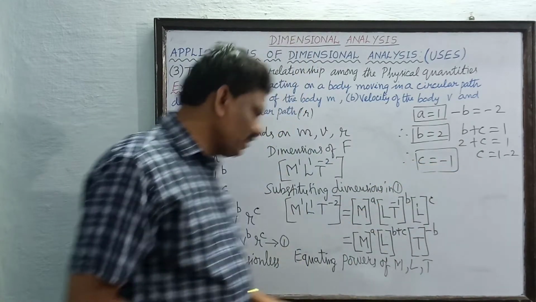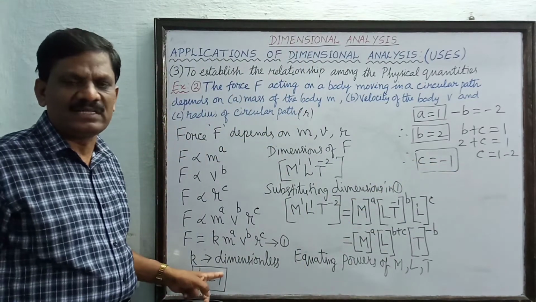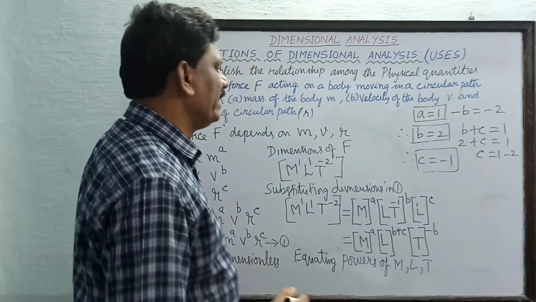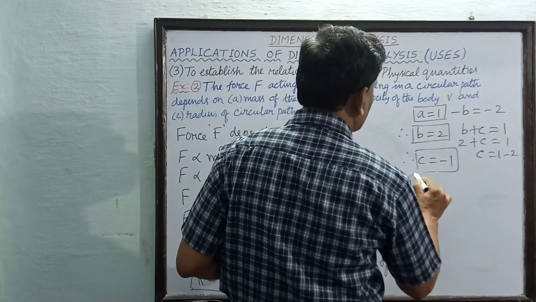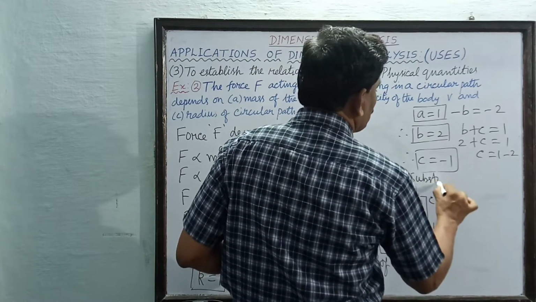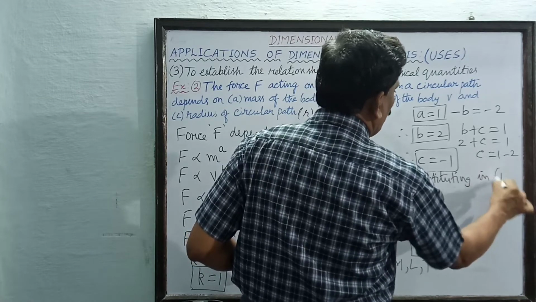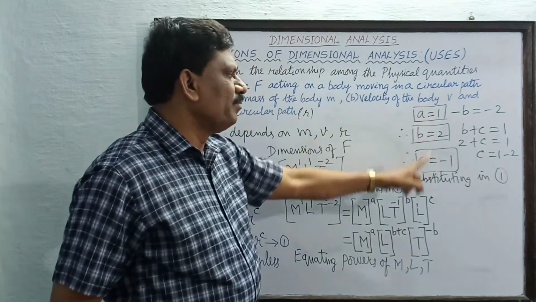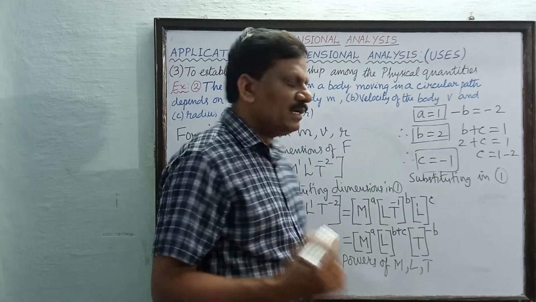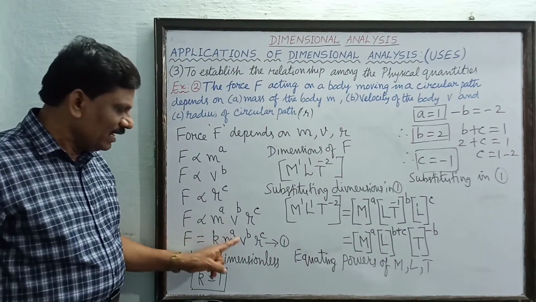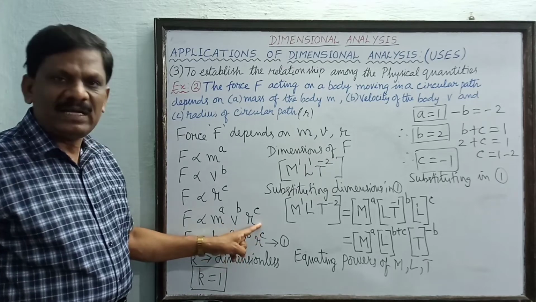K is already equal to 1, is it not? The dimensionless constant K is already equal to 1. So now substituting these values in equation 1, F is equal to K into m power a, v power b and r power c.